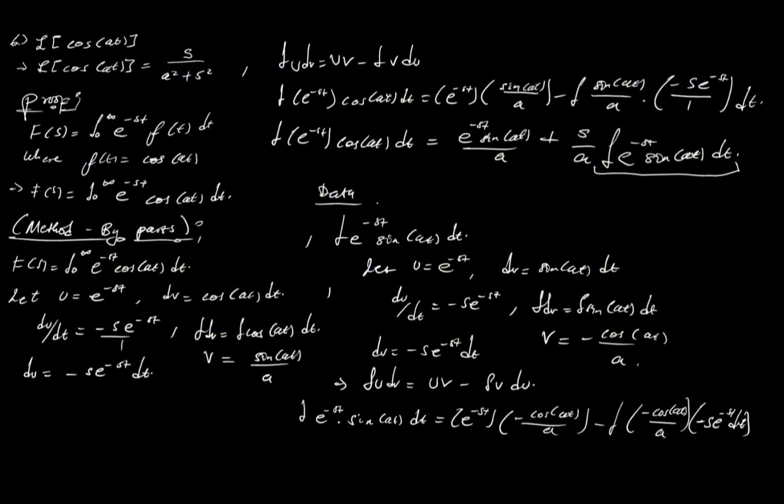To apply further analysis, we need to understand that the integral of e to the minus st sine of at dt is basically just the Laplace of sine of at.